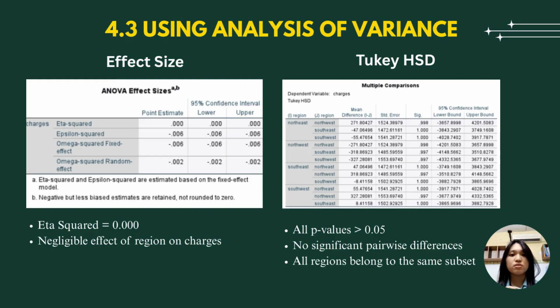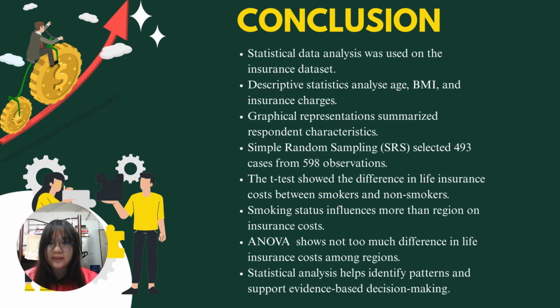In conclusion, this study applies statistical data analysis to examine the characteristics and the relationships within the insurance dataset. Descriptive statistics were used to analyze the distribution of age, BMI, and life insurance charges, while graphical representations helped to summarize the characteristics of the respondents. For the sampling process, simple random sampling was conducted using SPSS.